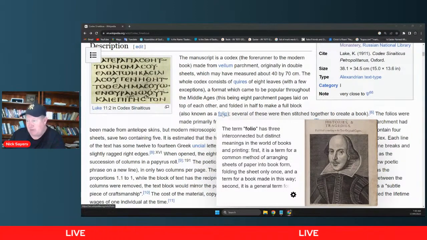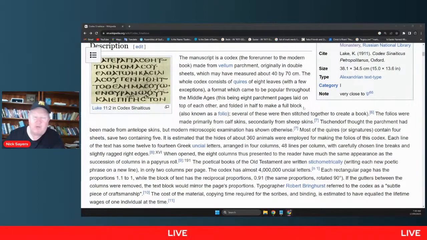First, it's a term for a common method of arranging sheets of paper into book form, and that's what we're looking at here. Sometimes someone has written a folio and things like that, so there are different definitions for it. But this will become important later as we go through the quires, the folios, and things like that.